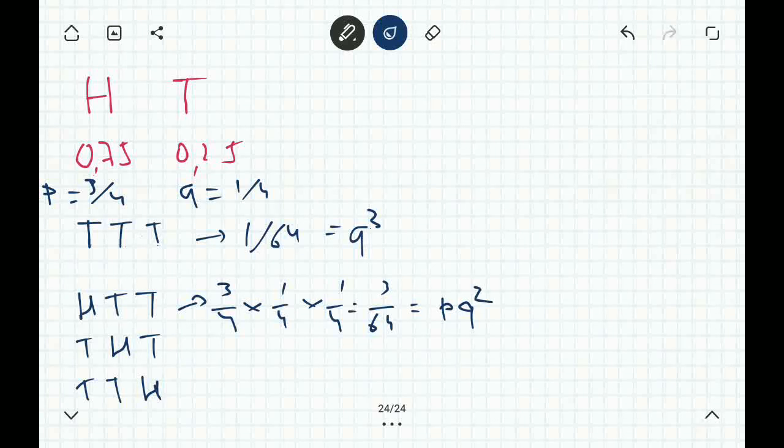And then if I calculate for this, I will have the same number as here, because you see they have the same number of heads and tails, just the order is different. And when you are multiplying numbers, the order does not matter. So we will again get 3/64, which is P times Q squared, and then we will have the same for this one.